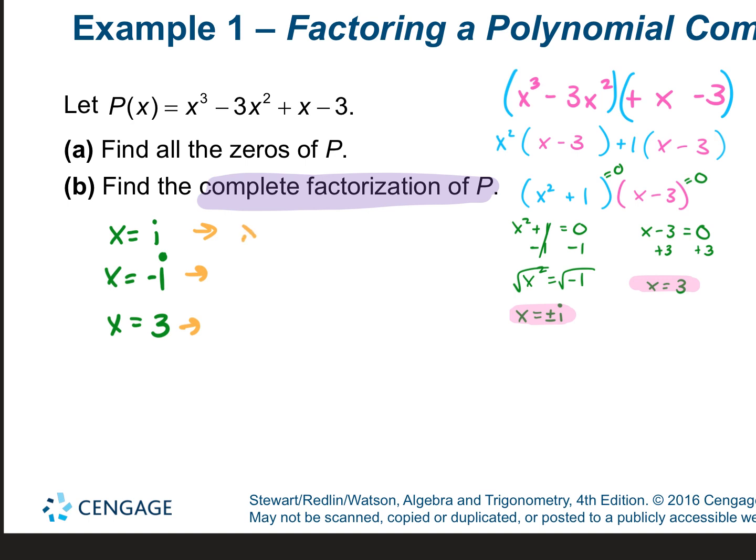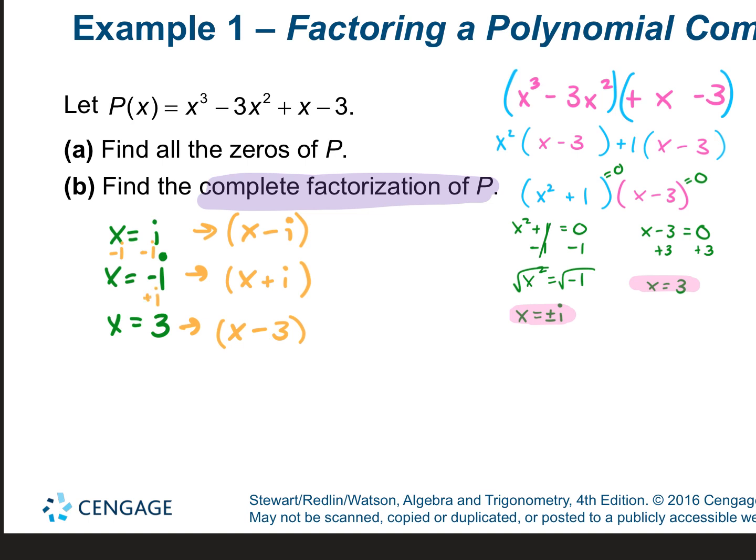Subtract the i. So I have x minus i. What about the other one? X plus i and x minus 3. So notice how we just changed the sign. It's always x minus whatever your number is, but if you need to see it, you can just subtract i on both sides to get x minus i.